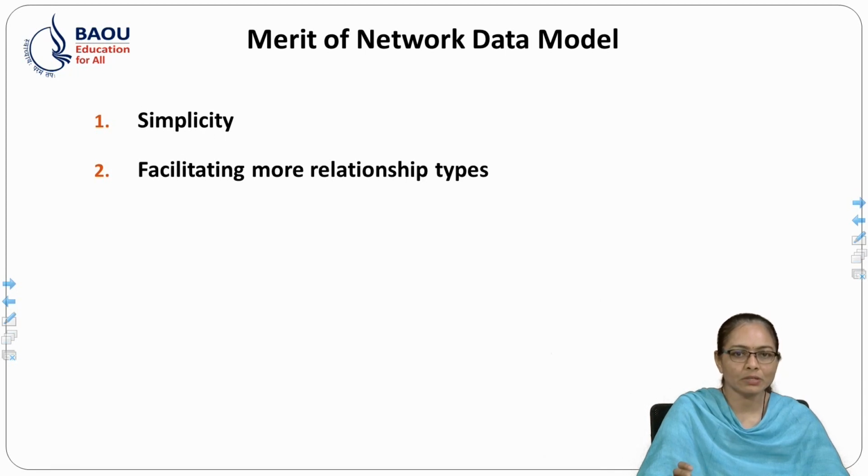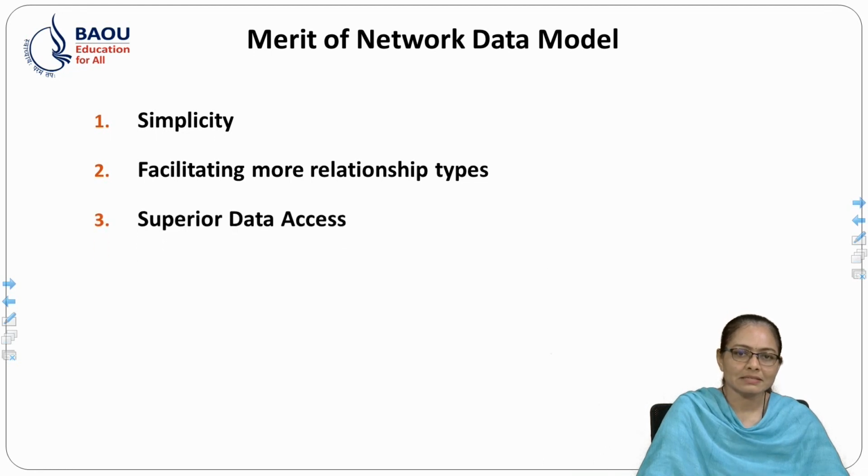It is able to represent one-to-many, many-to-one, many-to-many, all the relationships. It is able to handle many-to-many relationships as a member or child can have multiple owners and parents. So it is easy for all the relationship databases.